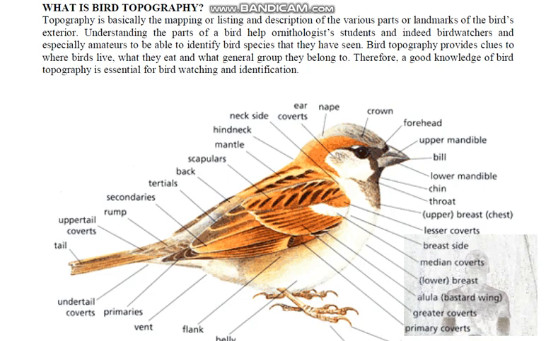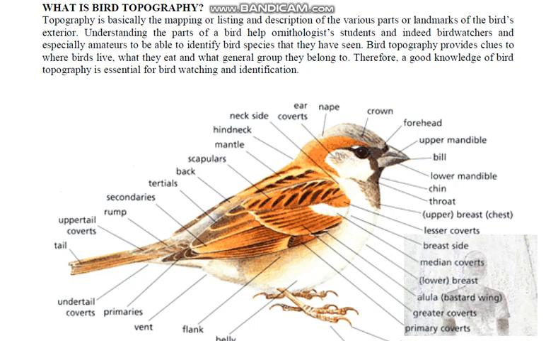Bird topography is basically the mapping or listing of the description of the various landmarks of the bird's exterior. It's very important for students, ornithologists, and bird watchers to describe the bird. Say you want to describe where the eye of the bird is: it is caudal to the caudal part of the mandible, that's the bill, and dorsal.